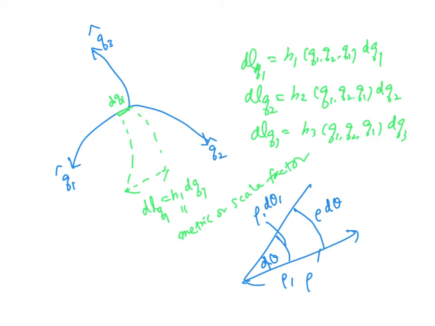And for the gradient, the gradient is the ratio between the actual distance and the change of the function along that position, right?